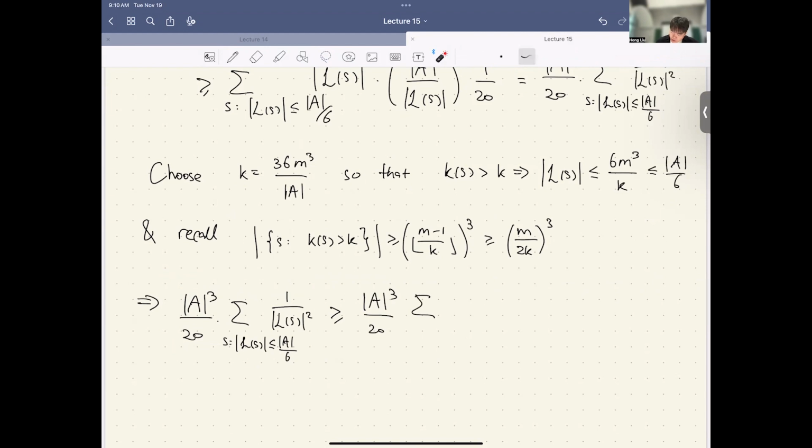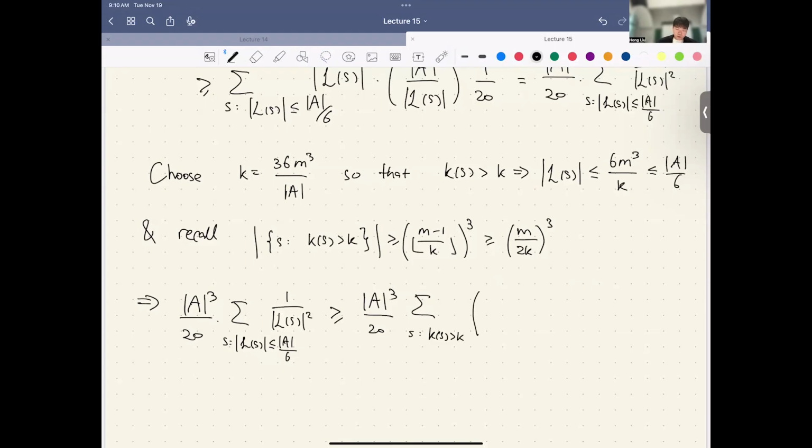Instead of summing over directions where the number of lines in this direction is less than A over 6, we can just sum over all directions where the largest size is bigger than K. This will imply the thing we want. So you just sum over all S where K of S is bigger than K.